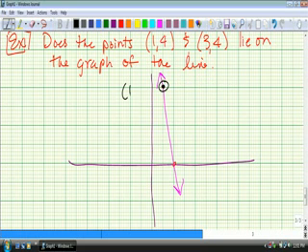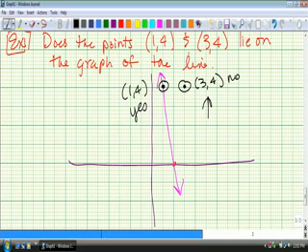No, the other was (2, 1). Let's see. (3, 4). Is that on the line? No, it's not. It's (2, 0). All I did was plot (3, 4). If it fell on the line, yes, it is. Okay, guys, all you're doing is you're plotting the point.